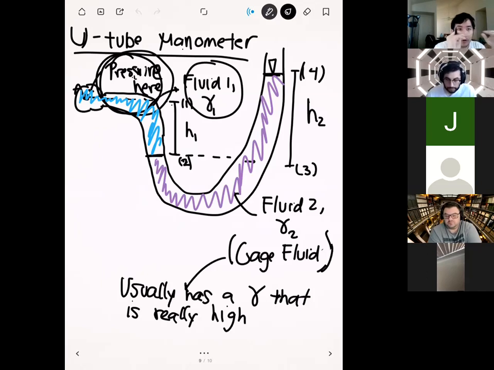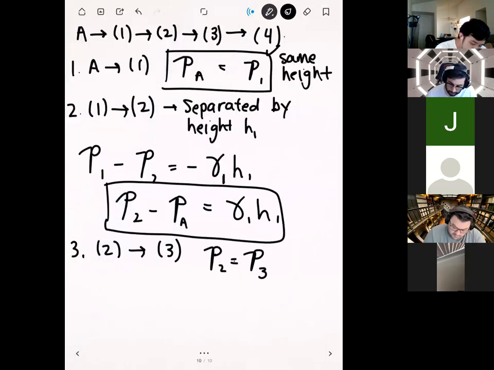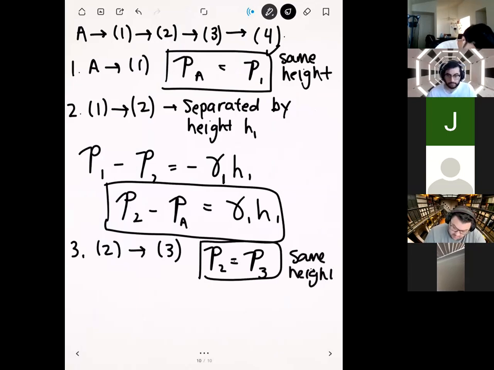It doesn't matter if you're in the same fluid or different fluids, as long as you're at the same height, you're always going to be at the same pressure. So since point 2 and point 3 are at the same height, P2 is equal to P3.